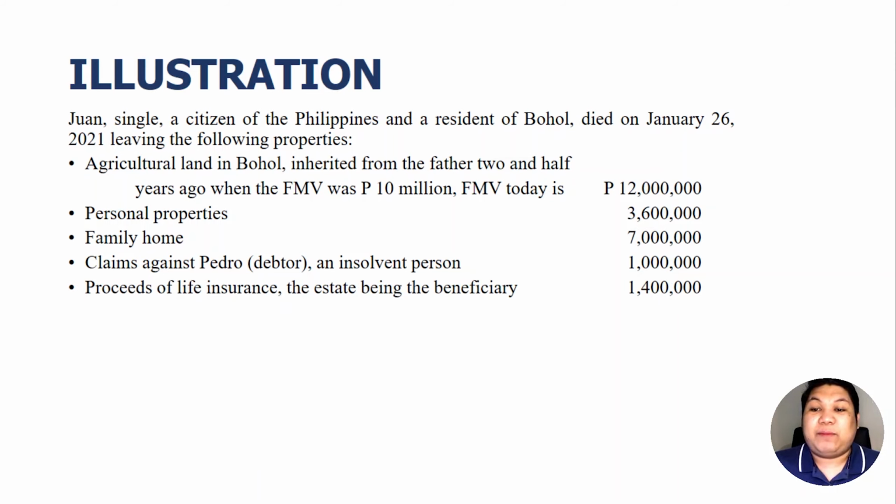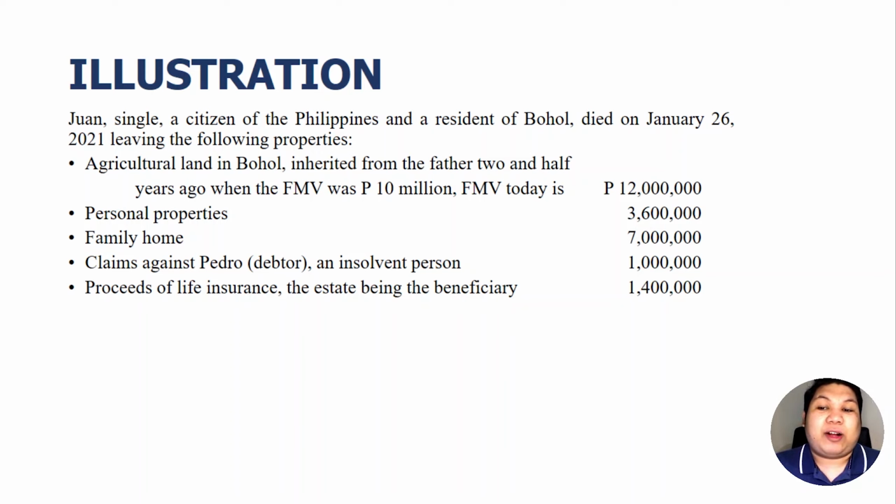So we also have here proceeds of life insurance, the estate being the beneficiary. As we know, proceeds of life insurance are exempted from the estate tax, but there are conditions. Number one, the beneficiary should be third persons other than the decedent himself or his estate or his executor or administrator. And also, the designation of such beneficiary should be irrevocable.